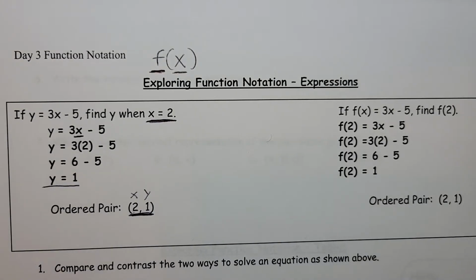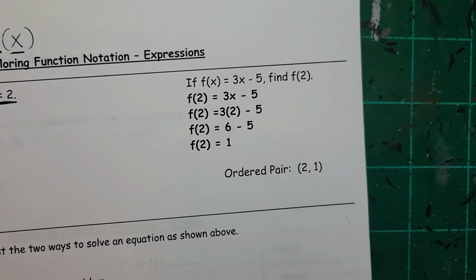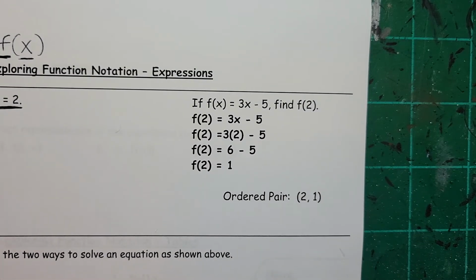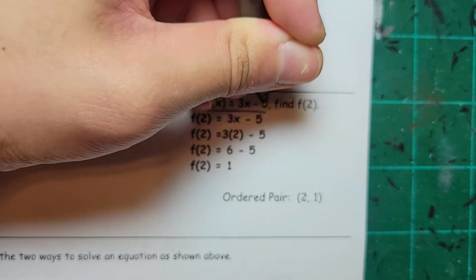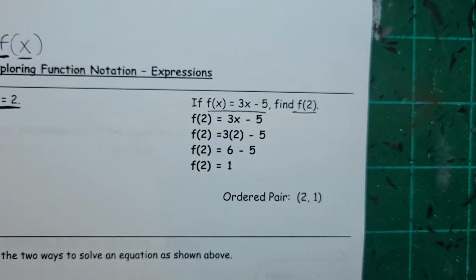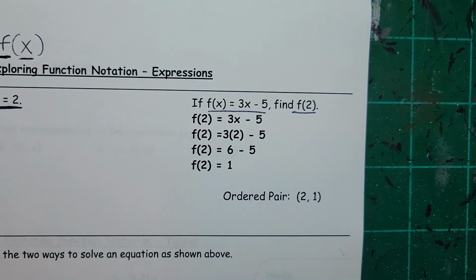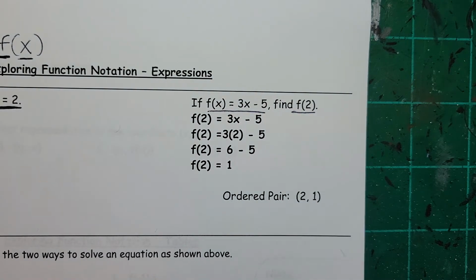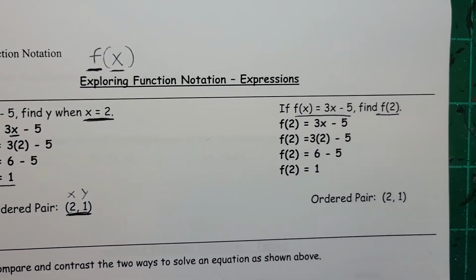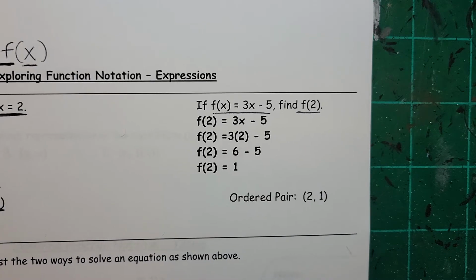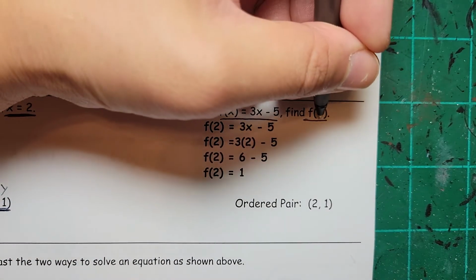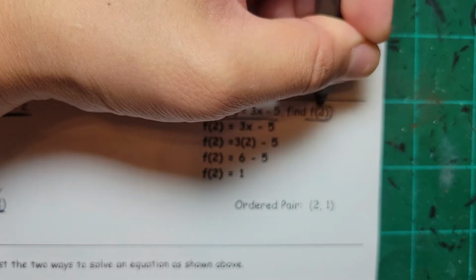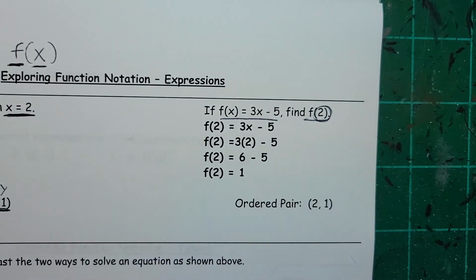Now on the other hand, if you look to the other side, we have if f of x equals 3x minus 5, find f of 2. Now this is very similar to the previous equation, except instead of y, we have f of x. And whenever we have a number inside where x would be, right here, that is our x value.